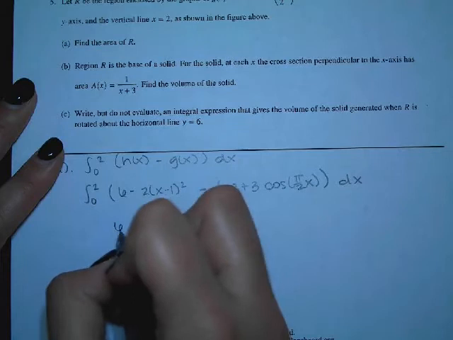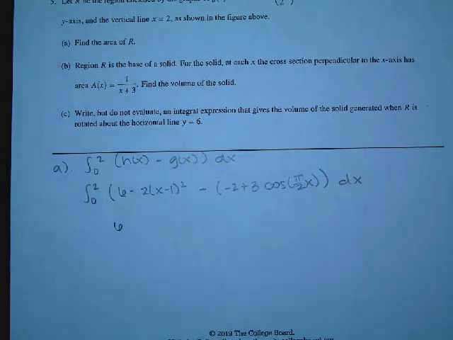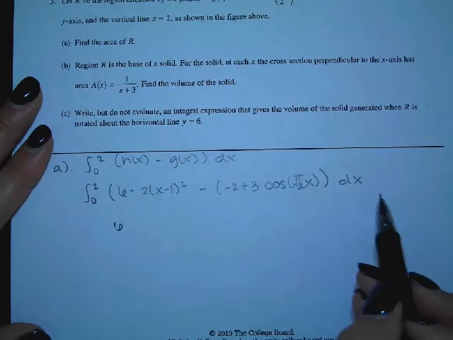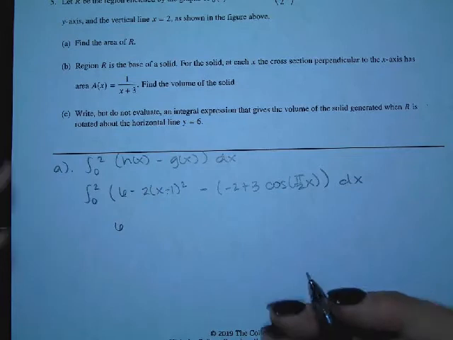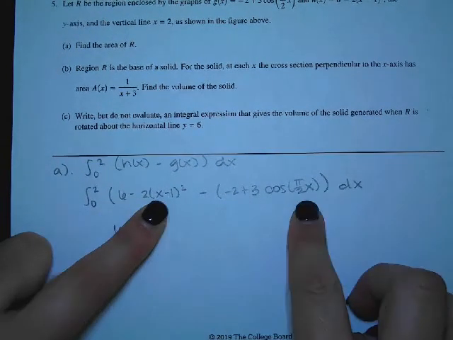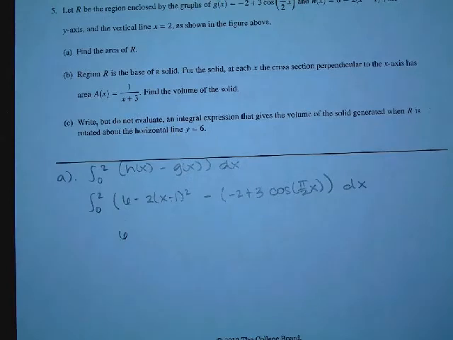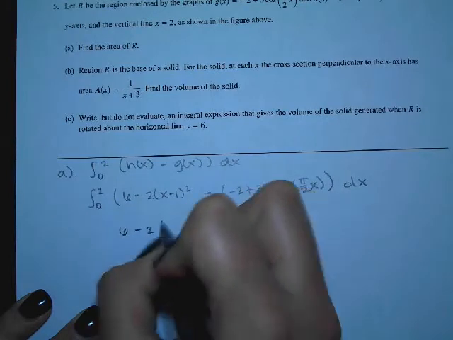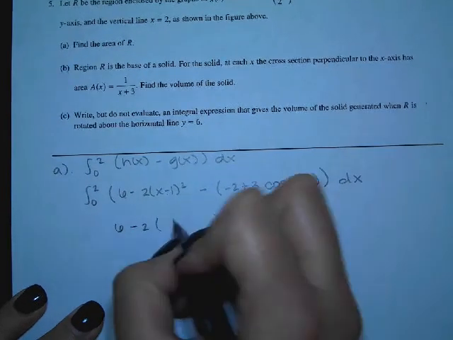So I've got 6. Now you can do this a few different ways, and when I did it, I did u substitution. I separated this into 3 integrals basically, and I put the plain numbers together, and then I did u substitution, and then I did u substitution again. But I feel like that was kind of messy, and I didn't really love it. So I'm going to go ahead and do it a little bit differently here.